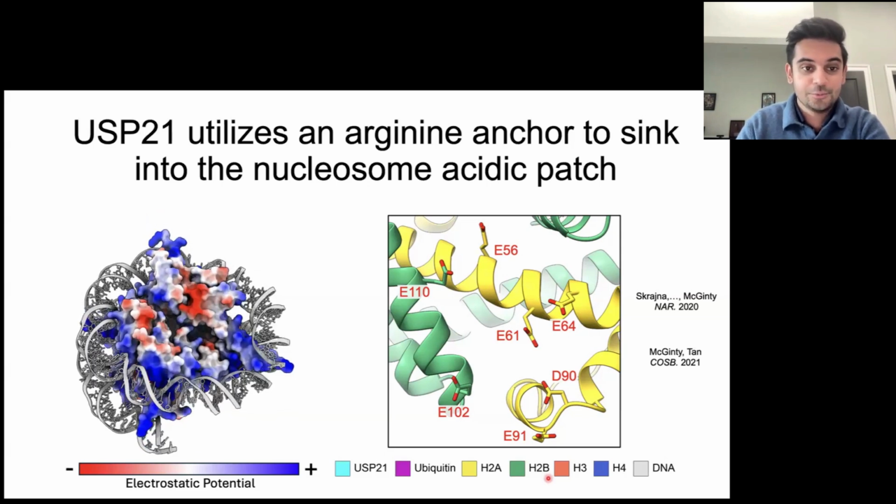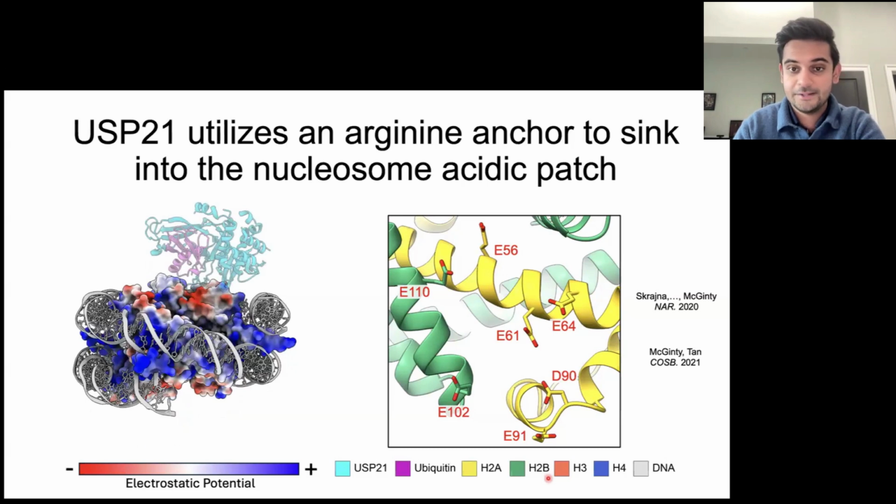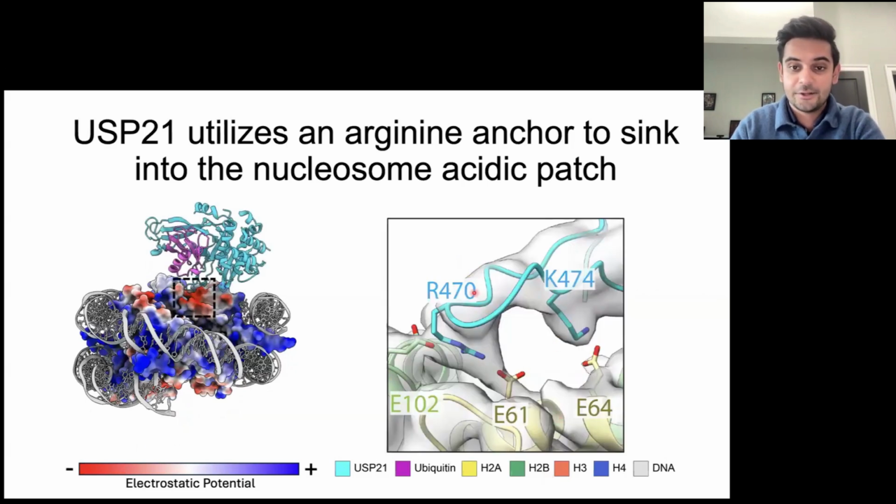To no surprise, USP21 also utilizes this region for nucleosome binding, using a canonical arginine anchor to bind to the acidic patch along with a neighboring lysine residue. I don't have time to show all the biochemistry data, but you can check our preprint and forthcoming publication on this work, where we biochemically validate these residues and others important for this interaction interface.